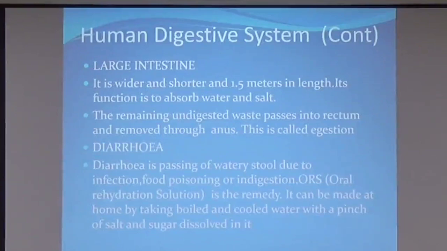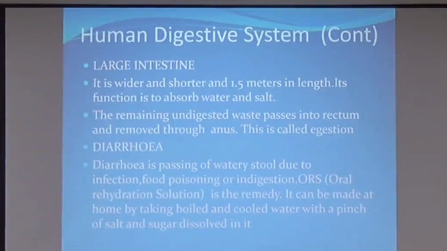Now, you must have heard the term diarrhea. What is diarrhea? Diarrhea is passing watery stool due to infection, food poisoning or indigestion. So, what do we do when we suffer from such a disease?